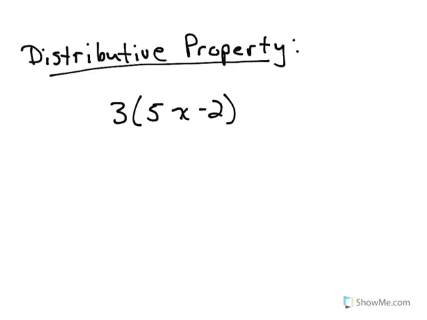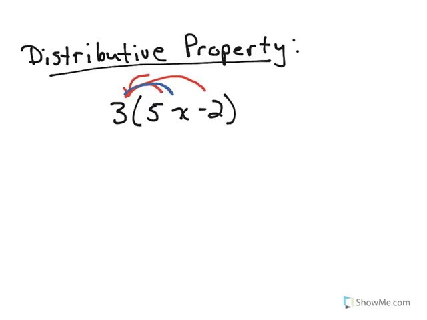The distributive property says that when we have parentheses and there is a number or variable sitting outside the parentheses with no plus, minus, times, or divide symbol in between the number and the parentheses, that means to distribute that number on the outside to all terms on the inside through multiplication. Then drop your parentheses.